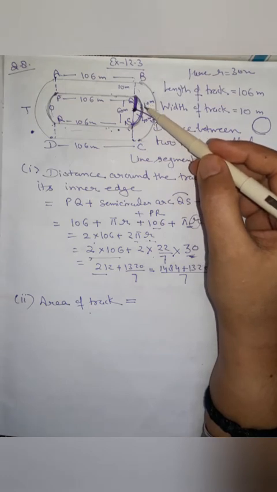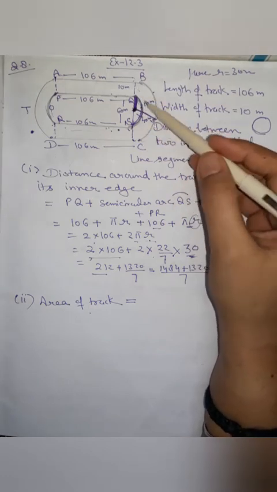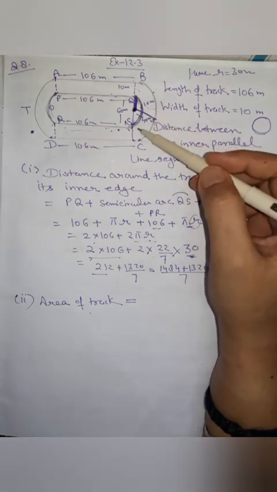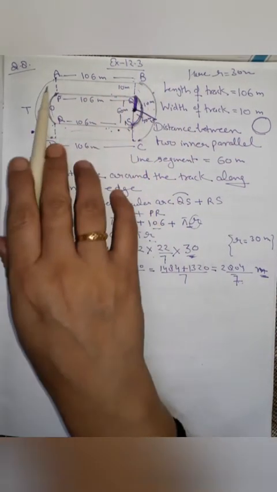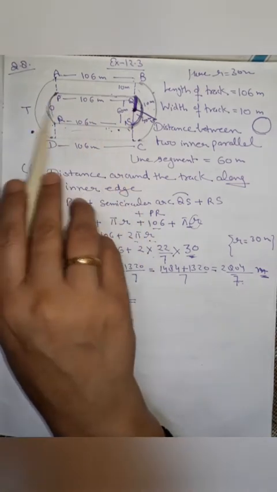As these rings are semicircular, the area of this ring will be pi capital R square minus small r square upon 2. And to calculate the area of both the semicircular tracks, we will multiply it by 2.